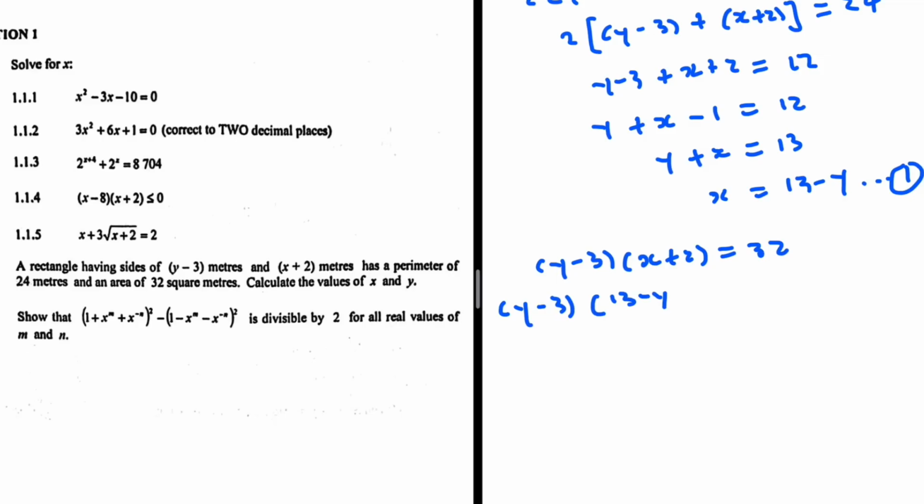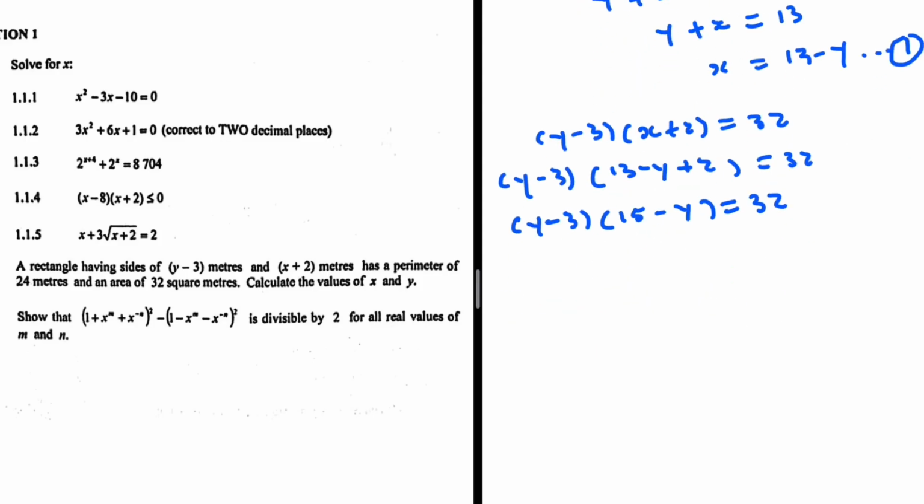So we have 13 minus y plus 2 being equal to 32. I've substituted 13 minus y in place of x. Okay, that is fine. So 13 plus 2, that is 15. So 15 minus y is equal to 32.